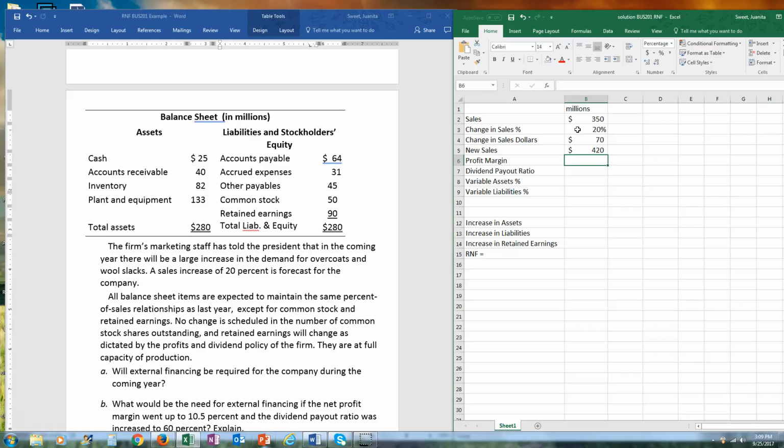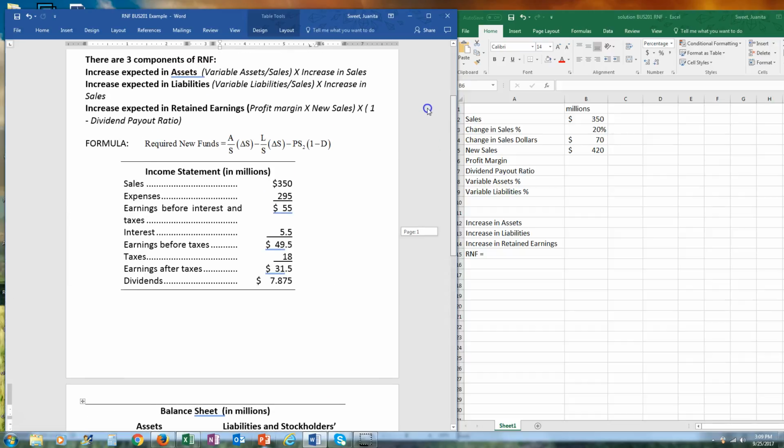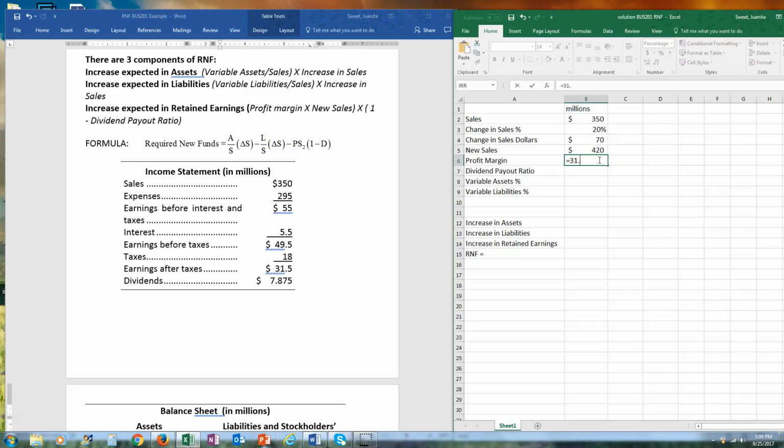Profit margin, we're going to have to calculate that. So let's move back up to the income statement. And we see that our profit equals $31.5 million on sales of $350 million. That makes our profit margin 9%. So for every dollar sale, we get to keep 9 cents in net income.